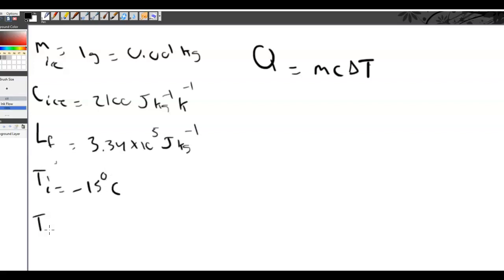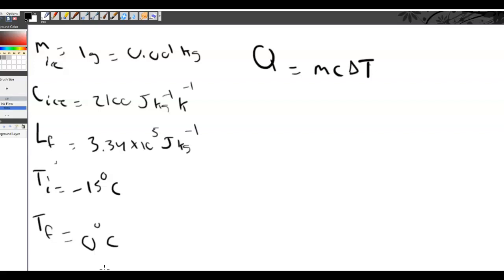What is the final temperature of the ice going to be after it melts? Well, ice melts at 0 degrees Celsius. That's something you have to know for this problem. If it was something other than water, you would be given the melting or freezing point or whatever else you needed. But for water, it is assumed that you know that water freezes and melts at 0 degrees Celsius. And so that's going to be the final temperature of the ice.